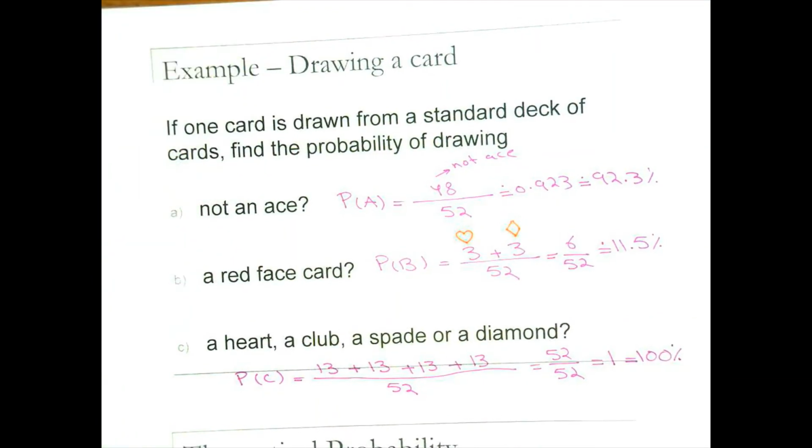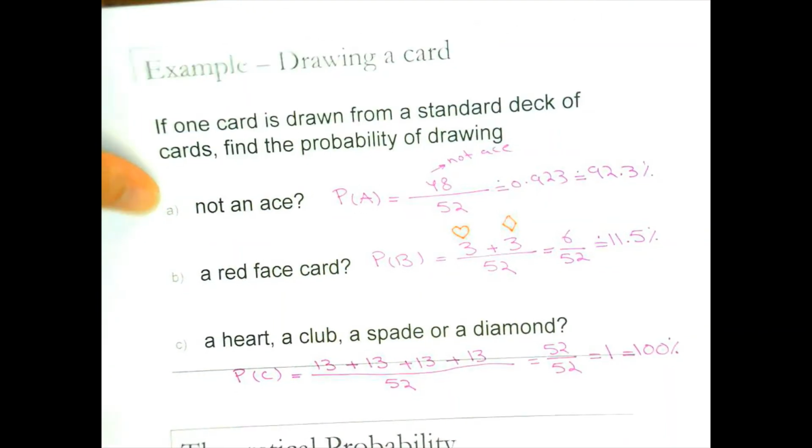And it makes sense. If you draw a card from a deck of cards, it's one of these suits. There isn't anything else that you can draw from. That's why you get 100% here.